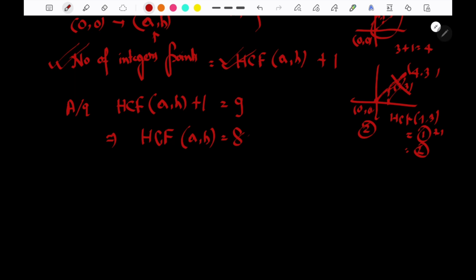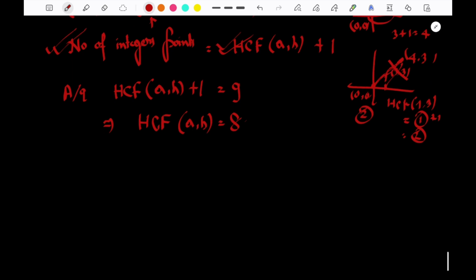So if HCF of a comma b is equal to 8, then let h be the HCF of a comma b, and we can write a and b in terms of h. So a will be 8h, and b will be, instead of writing h, we can say 8. So HCF is 8.